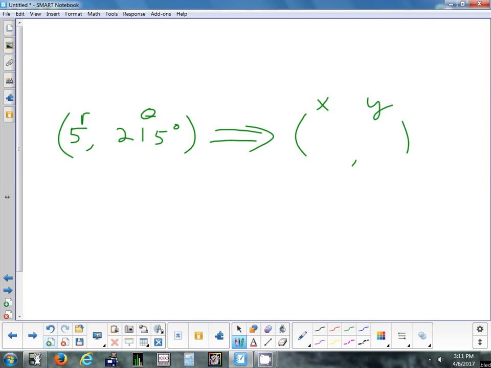We actually reviewed this today. What's the formula for x? This is changing polar to rectangular.